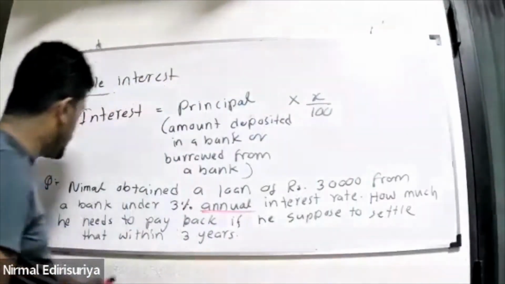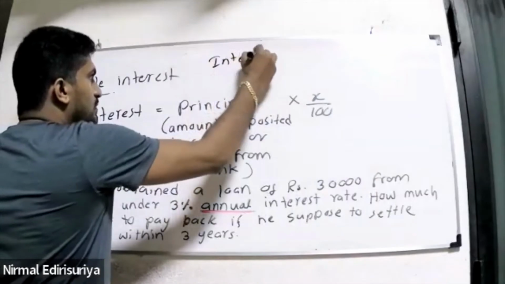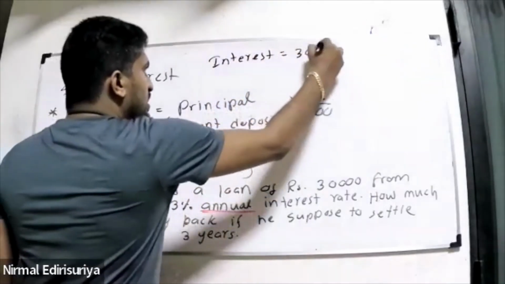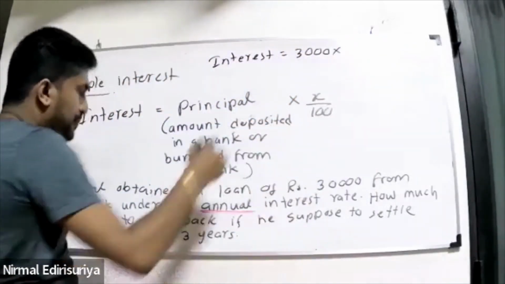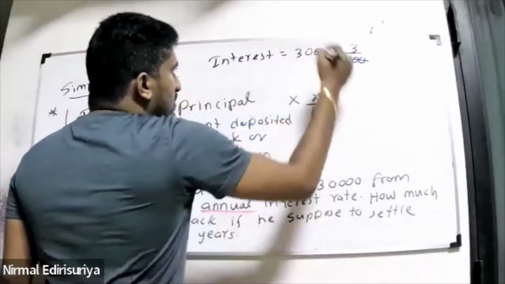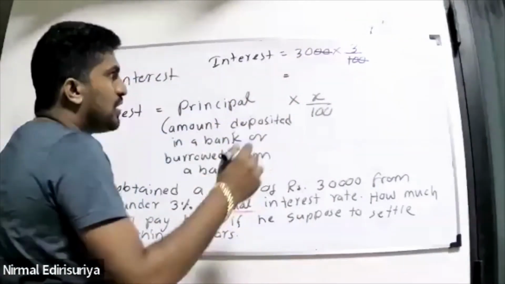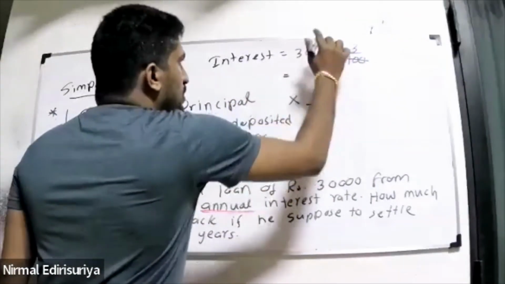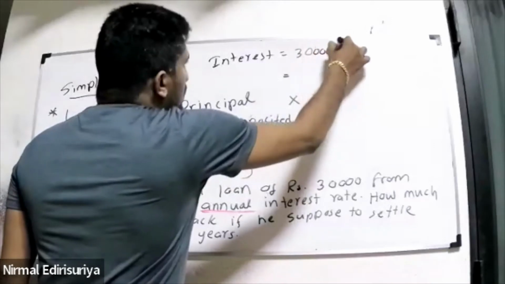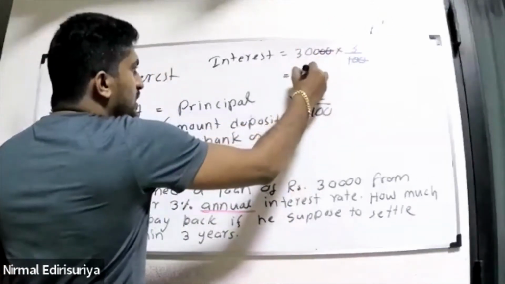So I have to do this for you. Interest equals 30,000 into 3 over 100. How much is it? Cut the zeros. Then 300 into 3, 900.